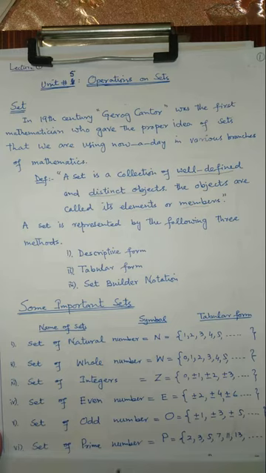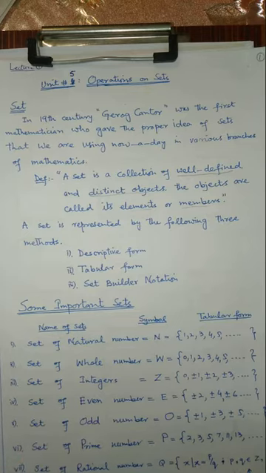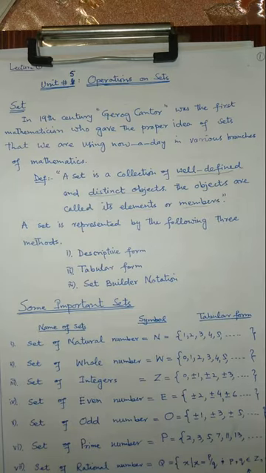Prime numbers: all those numbers which have two divisors, 1 and itself: 2, 3, 5, 7 and so on. These are called prime numbers. Rational numbers are those numbers which can be written in p by q form, and this representation is called set builder notation.